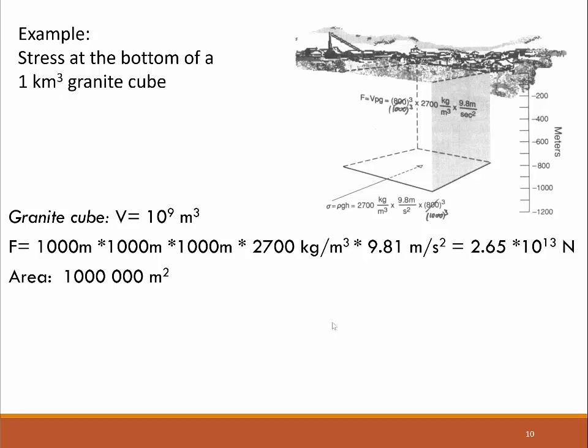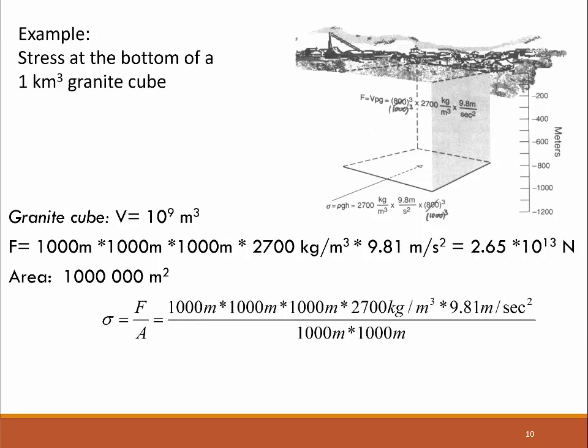The area onto which this force acts is 1 million square meters, 1,000 by 1,000 square meters. And if we put these two equations into our formula, we see that the area cancels out against the 1,000 by 1,000 meters of our granite cube, which tells us that if we just discuss stress at depth, the area itself does not really matter, despite the definition of stress, which includes the area.